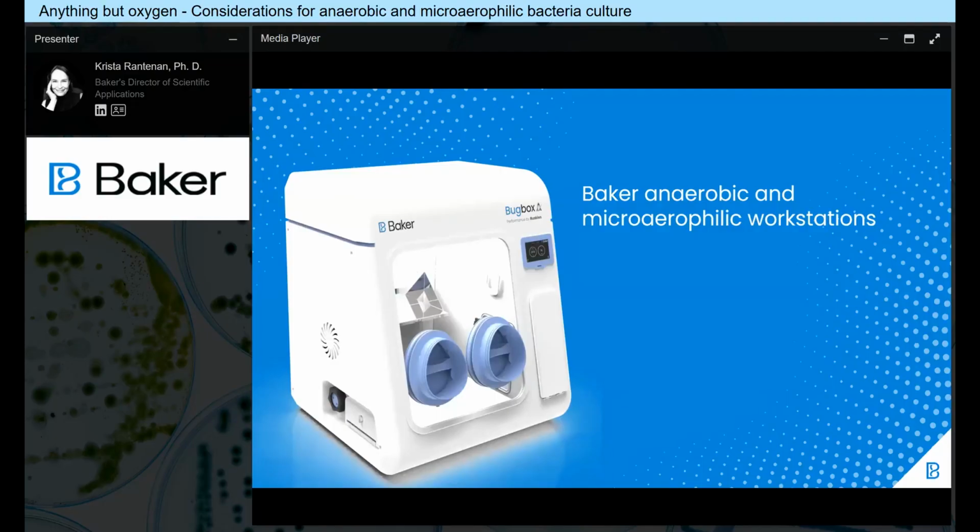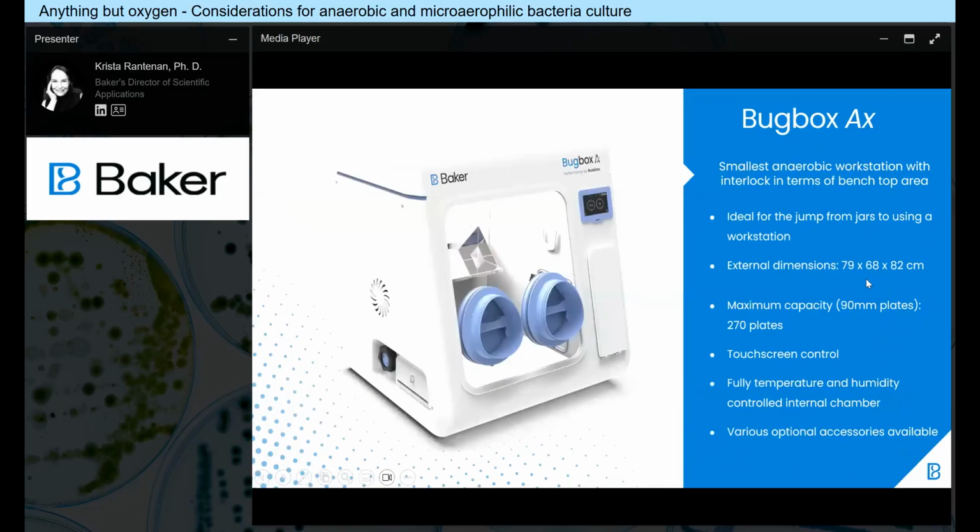Krista, can you go to the next slide, please? The Bugbox range has been there for 30-something years, and recently it has got a new look and a new technological uplift. And of course it still has the same robust anaerobic or microaerophilic technology behind.